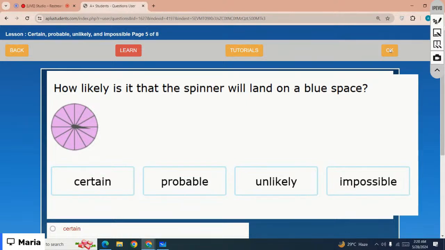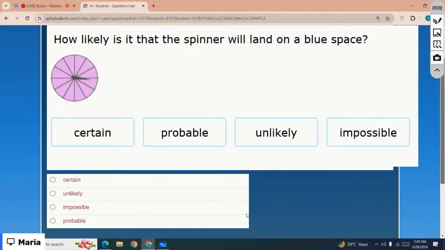How likely is it that the spinner will land on a blue space? So which is the correct option? The correct option is impossible because no portion is blue on the spinner.